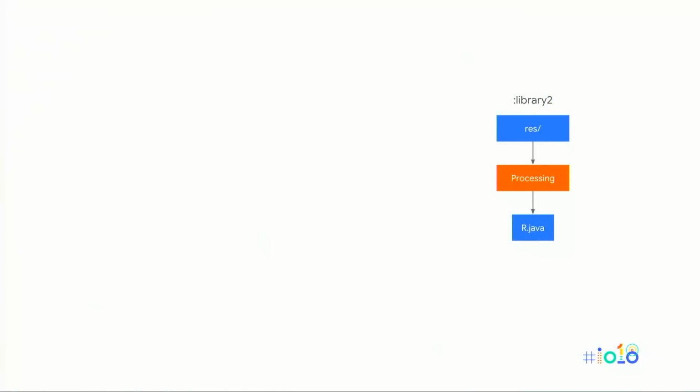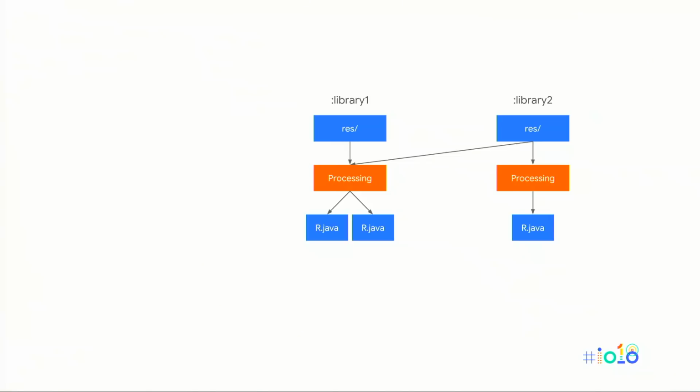So I want to talk about the way we process resources right now in the build. If you have a first library called library 2, in the current flow, what happens is that we process those resources, and we just generate an R.java and nothing else. When this gets consumed by another library, library 1, this one may be referencing resources from library 2.